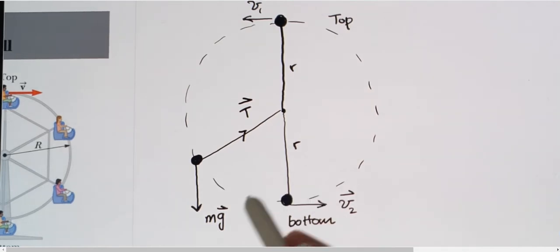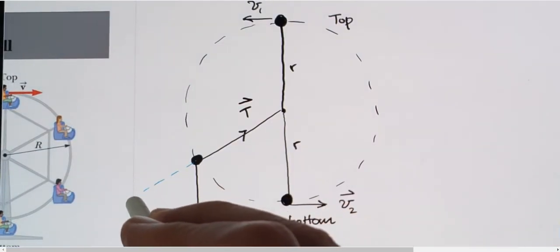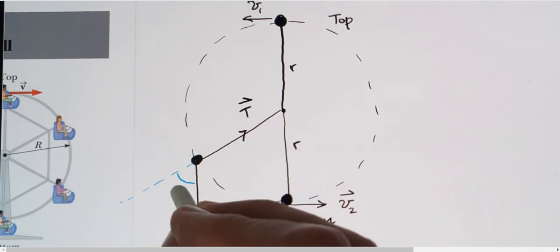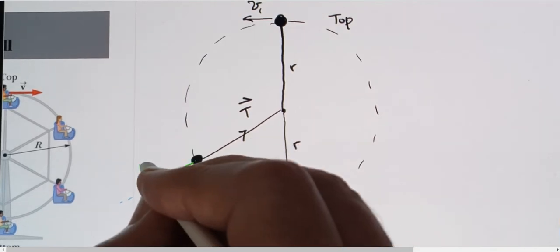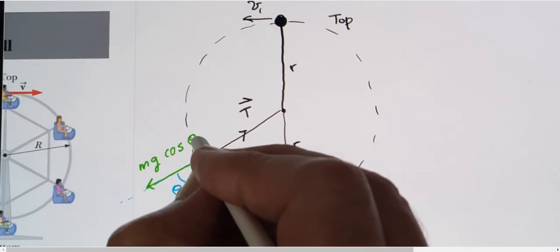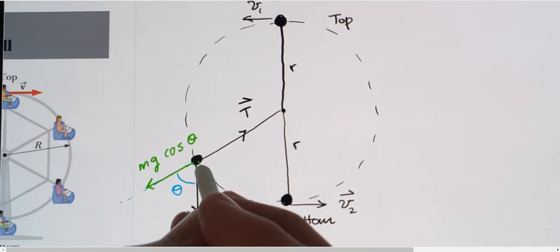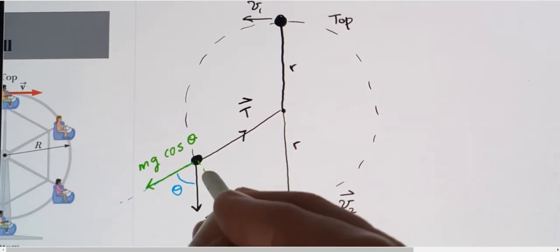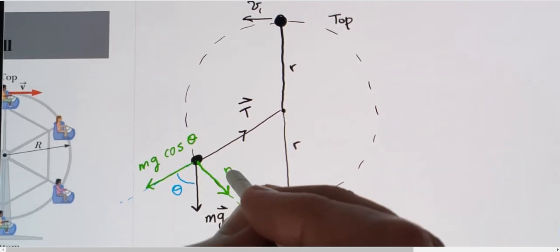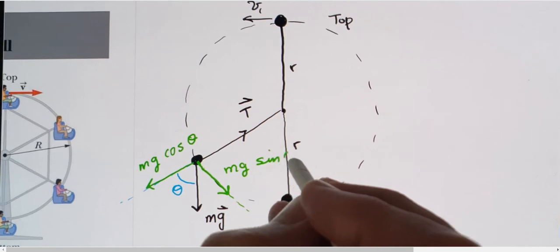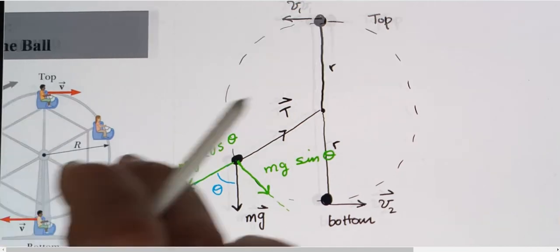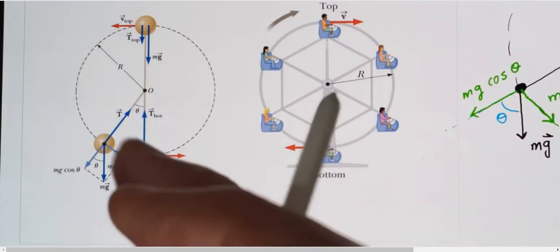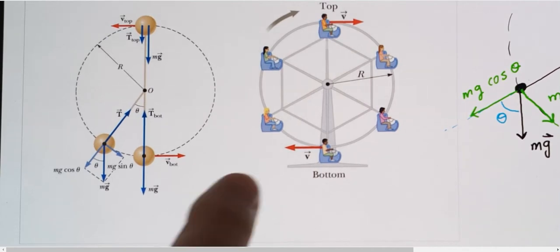So we analyze this mg into two components. So this is theta. So this is mg cosine theta. And now perpendicular to that, I have mg sine theta. Exactly like this one, but I went into 2 or 3 steps just to make it clearer.